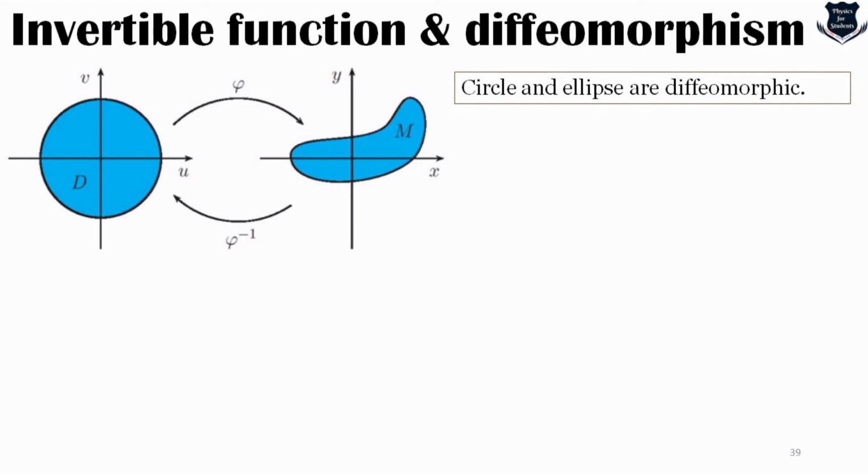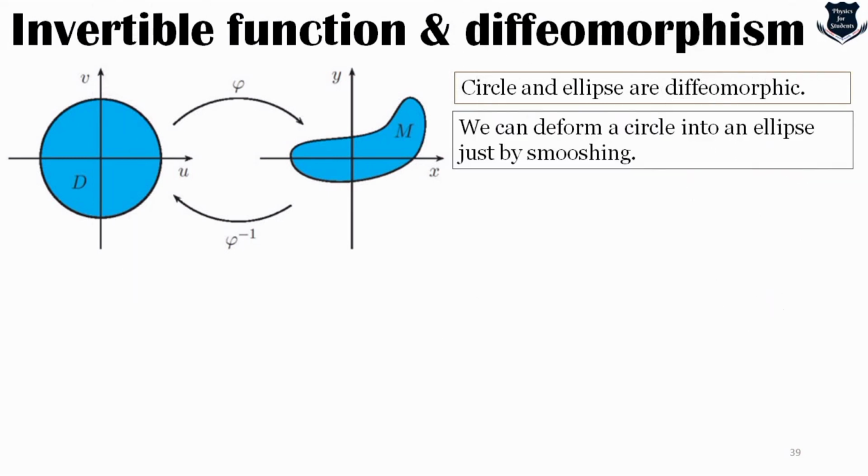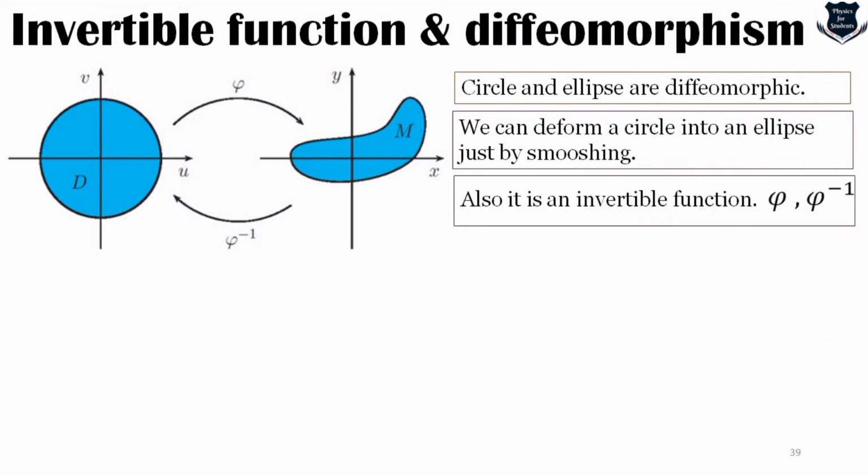In the case of a homeomorphism, you have seen that the function and the reverse function are continuous. But in the case of a diffeomorphism, the function and its inverse are also to be smooth. So let's see further examples. We can deform a circle into an ellipse just by smooshing it, and it is an invertible function, so it can come back.